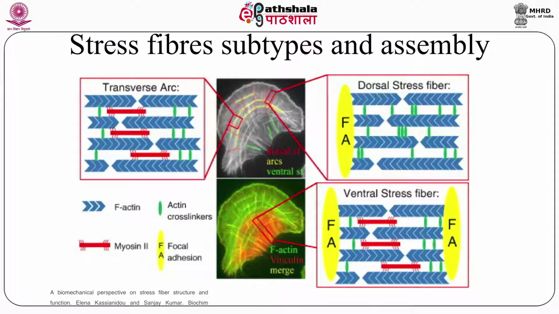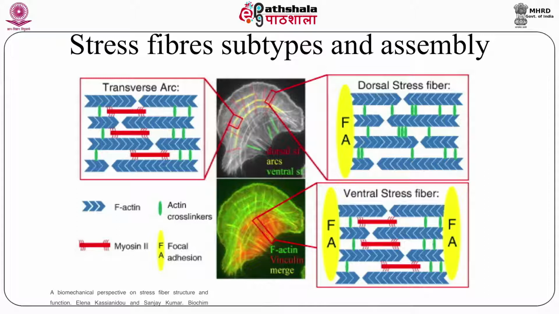You can see that the ventral stress fibers, which are marked in green, lie along the base attached to the focal adhesions. These ventral stress fibers are attached to focal adhesions on both the ends.